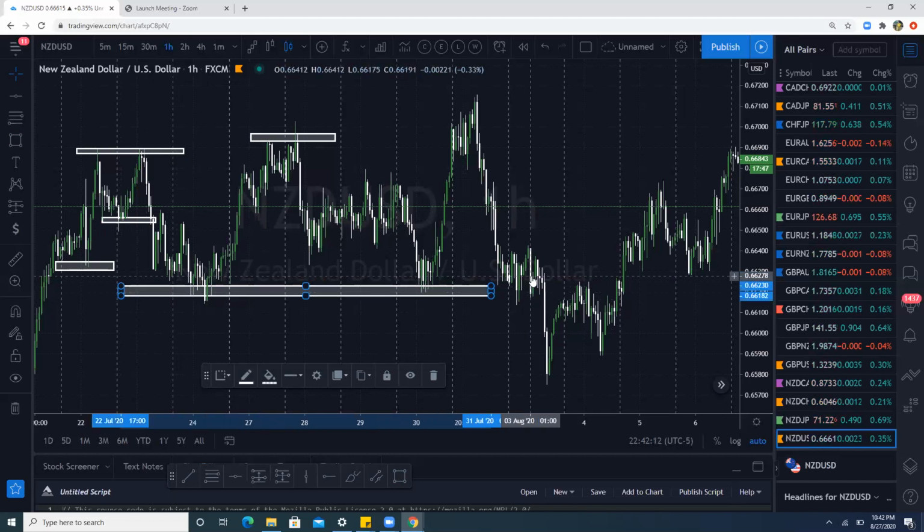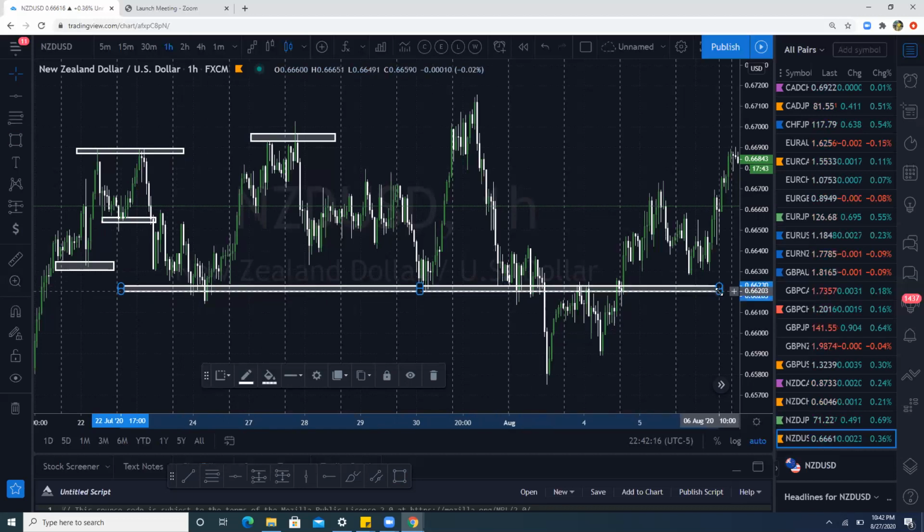See, it's support twice, it's support 3 times, and now it's resistance. Just this level becomes both support and resistance. And when it's both, that's when it's a price level, because no matter which way the price comes into that area, it shows respect, whether it's coming up into that area or coming down into it. So that's a price level.